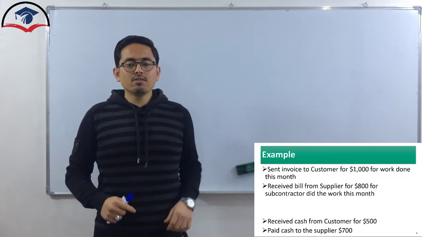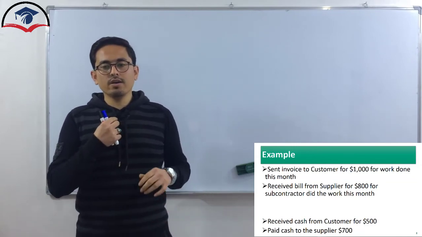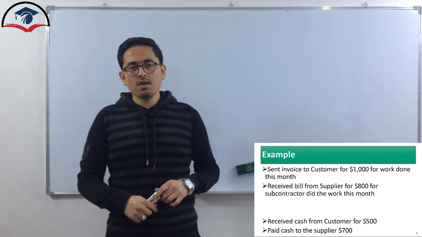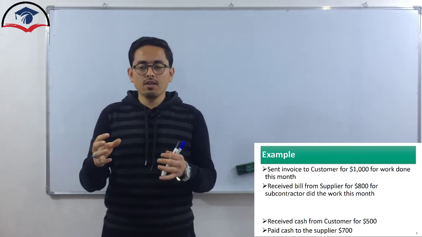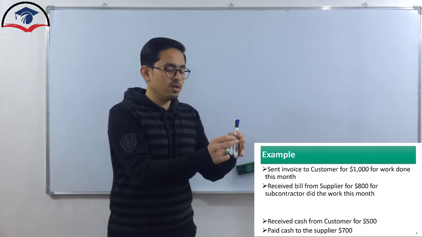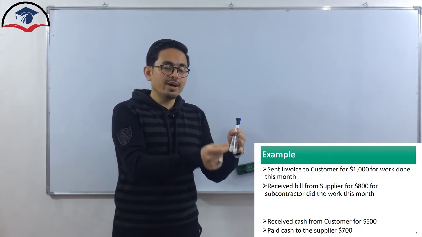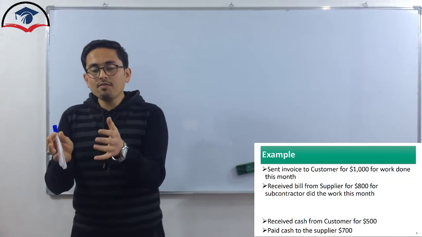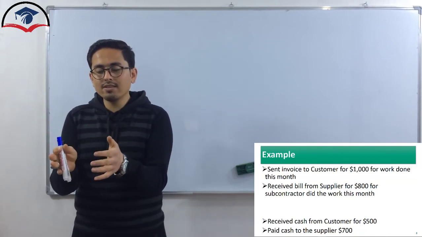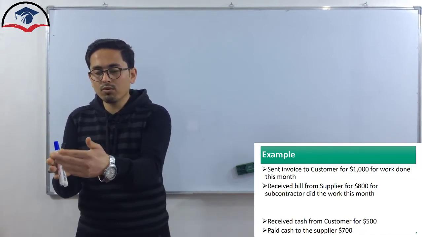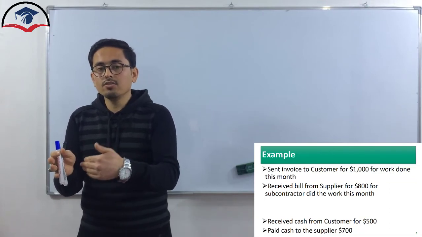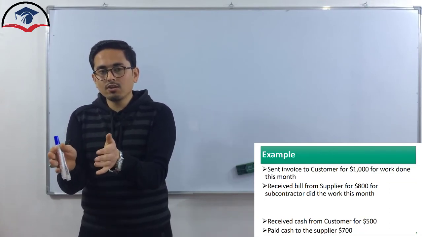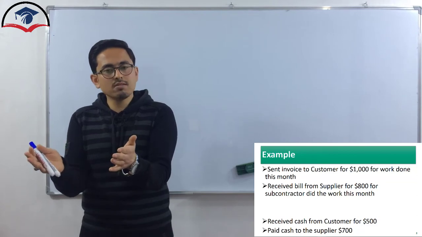And at the moment we receive cash from the customer for $500, then under the cash basis of accounting, we're going to record that as actual revenue. But under the accrual basis of accounting, if that's for the service or product provided during the period, then they're going to record that as revenue.